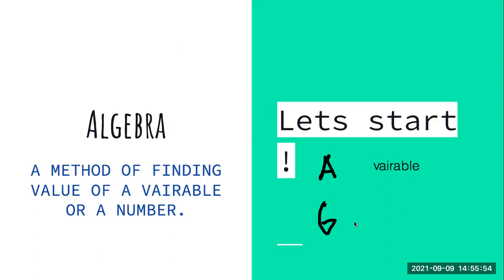If 6 comes, or any other number, it will be a number. And if A comes, or any other alphabet, it will be a variable.